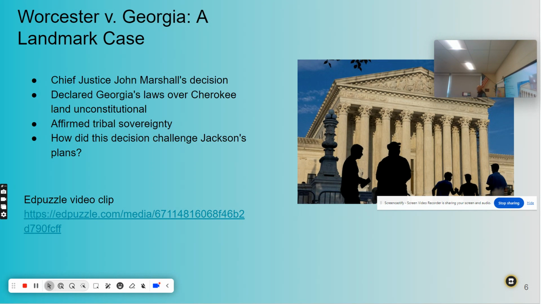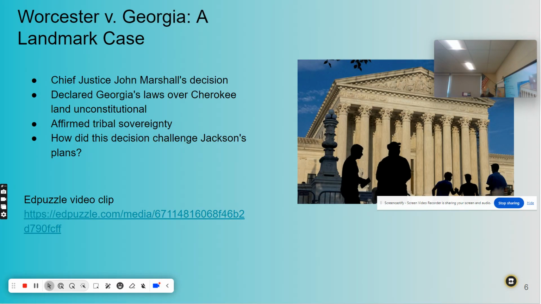And it basically said that the tribal sovereignty, or the ability of the Cherokee people to rule themselves, was entirely within their rights. So the Supreme Court not only said that the laws of Georgia were unconstitutional, but it said the Cherokees have every right to provide the rule for themselves.